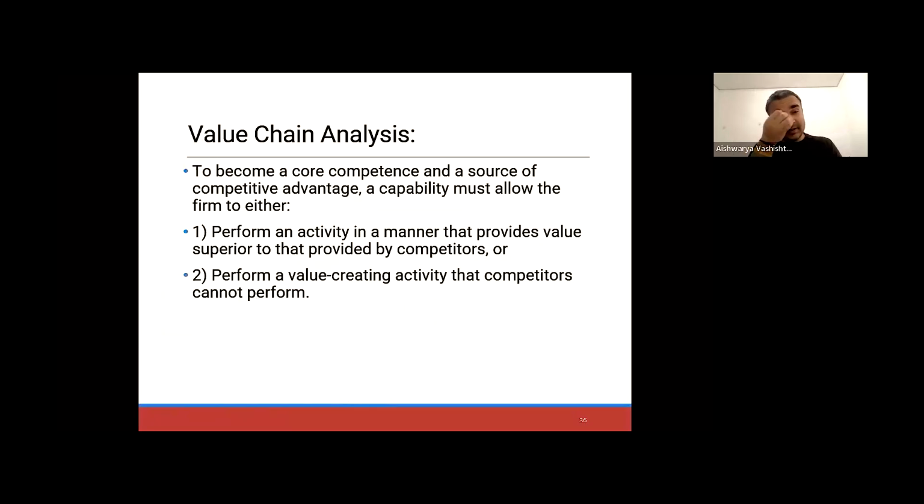We will see this in the subsequent chapters as well: on what two fronts do you compete? Either you compete on differentiation, providing something that your rivals are not able to provide, or you are fighting on cost leadership. You are providing the same thing that your competitors are providing, but at a lower cost, right?